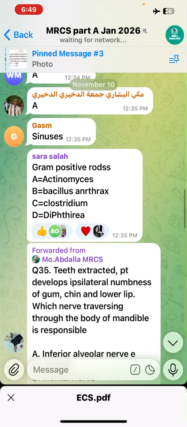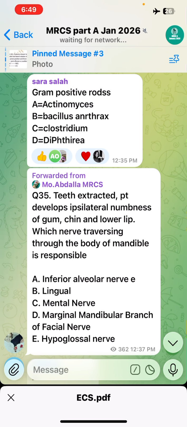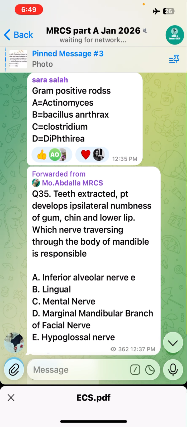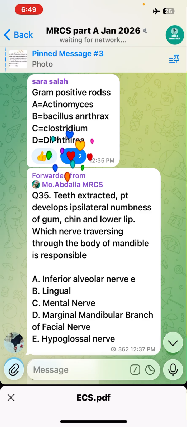Very good. Teeth extracted, patient develops ipsilateral numbness of the gum, chin, and lower lip. Which nerve traversing through the body of the mandible is responsible? Inferior alveolar, lingual, mental nerve, marginal mandibular branch.